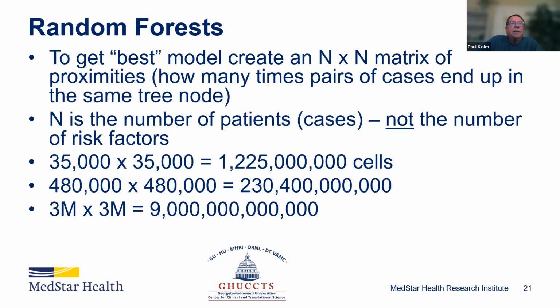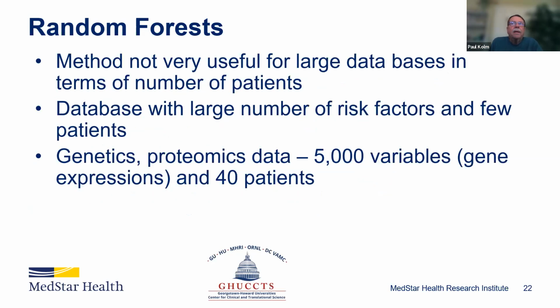If there's a large number of patients, then random forest is not the method you want to use. What it is useful for is if you have a large number of risk factors in a few patients. In contrast to least squares regression, you can have more risk factors than patients.